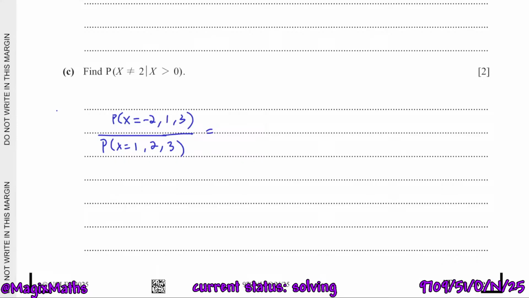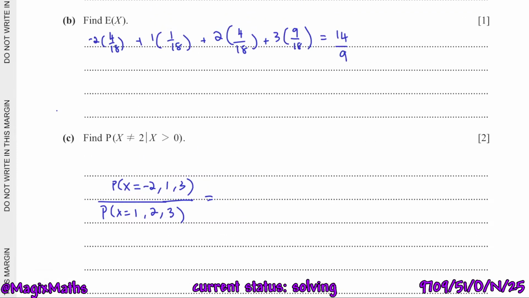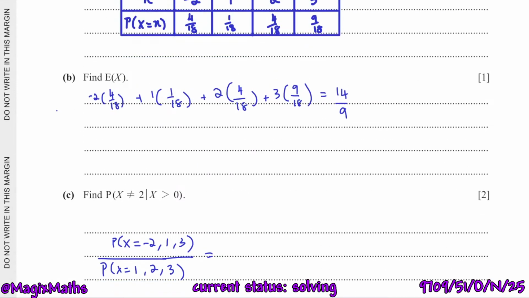So if you draw up a Venn diagram, it's just the union of these probabilities. So we're just going to add up all these probabilities, I believe.